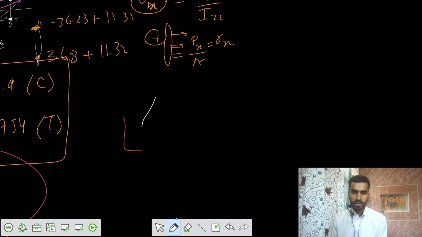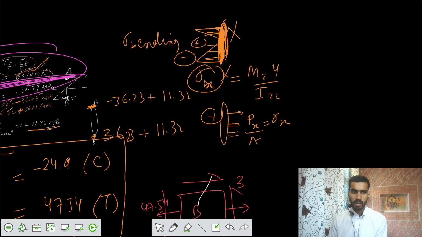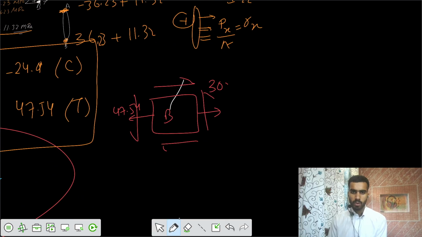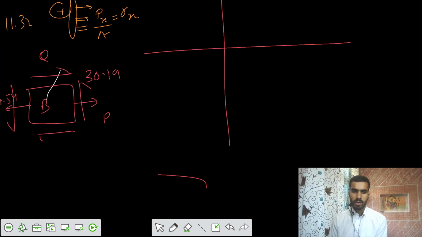And now for the point B. For the point B, there's some normal stress, that is tensile stress of 47.54, and there's some shear stress of 30.19, and you can say this is some plane P and Q. This is some reference line, and this is some vertical tau line.